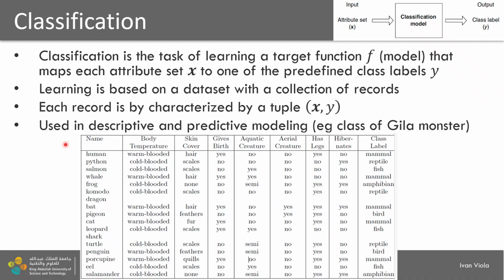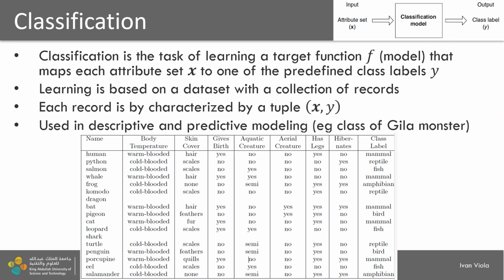By descriptive modeling, we mean that, given a certain known class, we are able to explain why a certain type of animal belongs to a certain class.